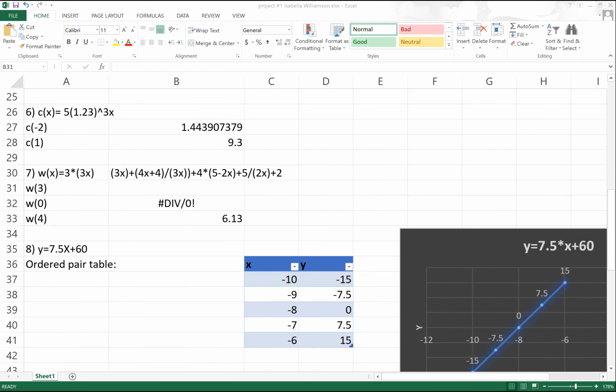The last one is quite lengthy. It has a lot of operations involved, so it takes some time to input it. But let me just copy this. So 3 times n times 3x plus that. Okay, plus. Let's go back. Okay, the whole thing.